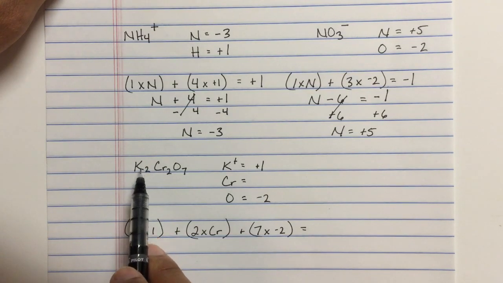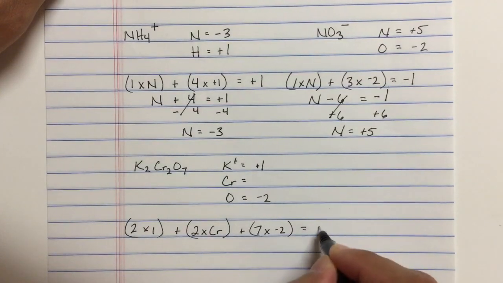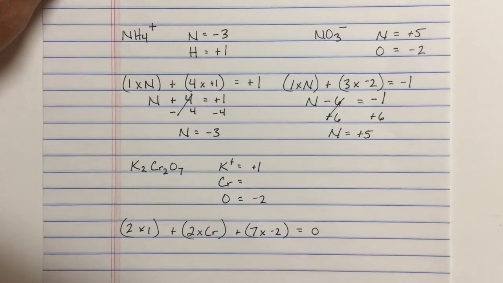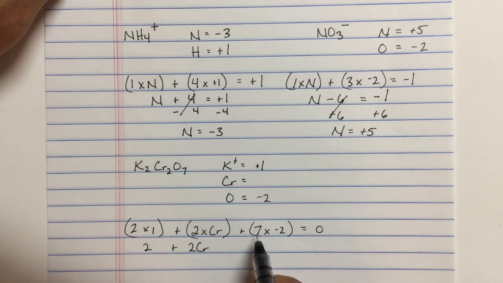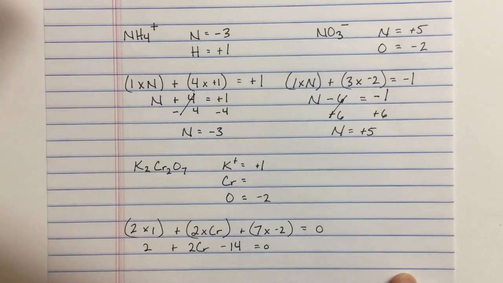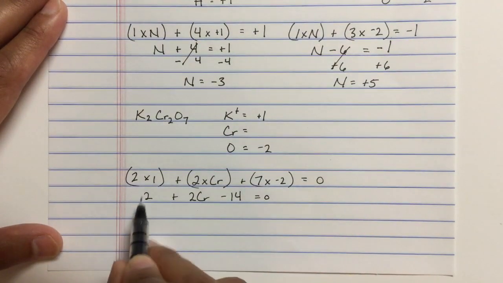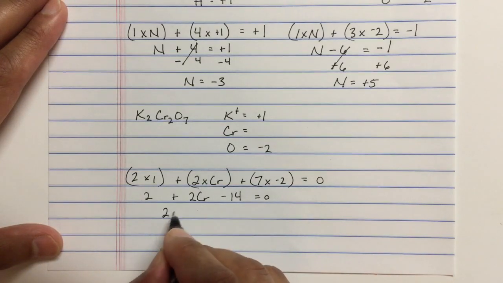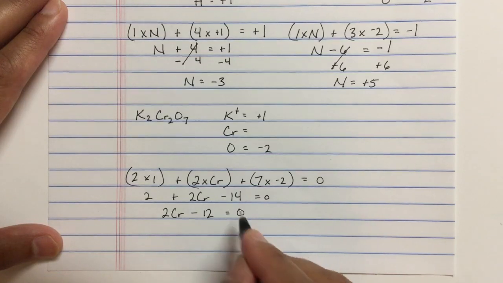Remember, for ionic compounds, those positive and negative charges have been balanced, so that should equal 0. 2 plus 2Cr, plus 7 times -2 is -14. 2 and -14, that's a -12, is equal to 0.